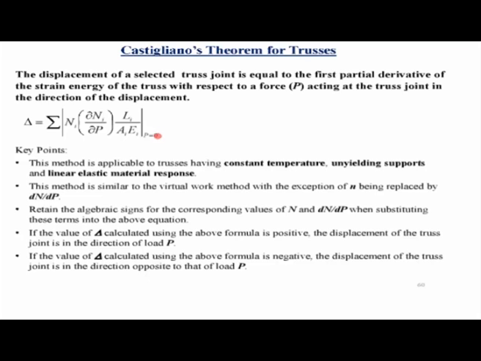I'll talk about this in a little more detail when I discuss the assignment problems at the end of the session. So before I go into an example, I just wanted to mention some key points about Castigliano's theorem.